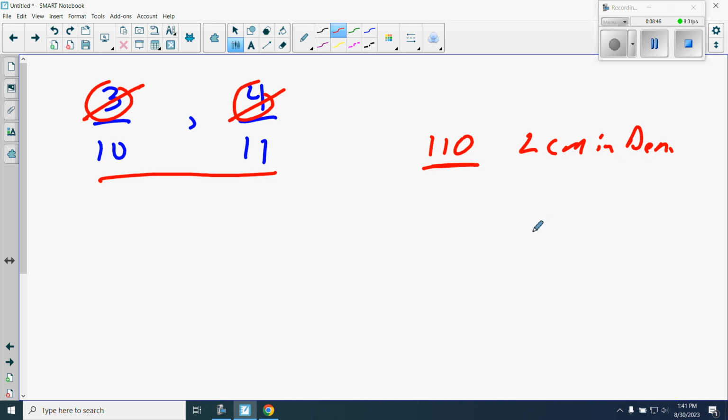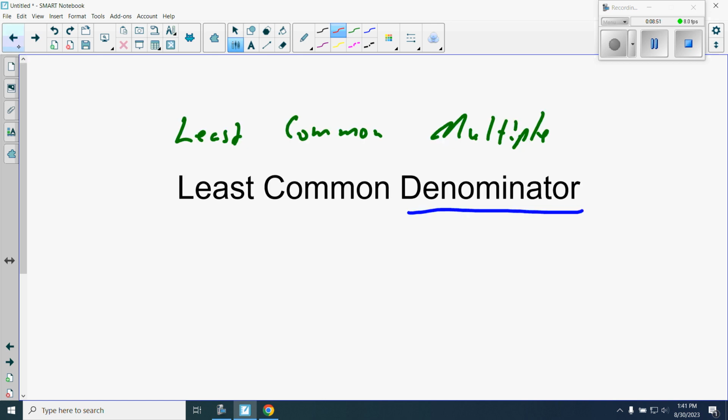All right. So now we're going to come back to that first page, and we're going to make this kind of evolve a little bit, because what we do with it is not necessarily a least common denominator. We will shorten this over and make a common denominator. And now we are getting ready to add fractions.